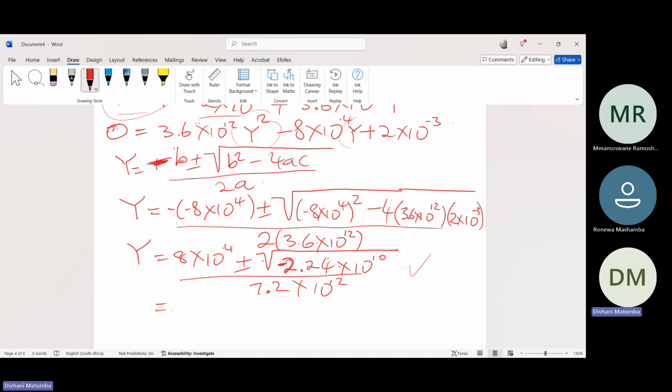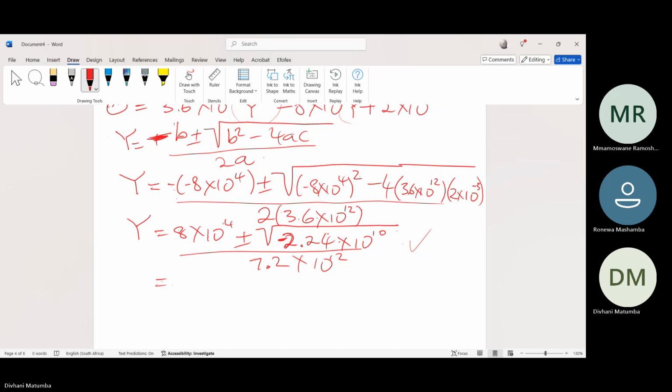Okay, Mamswan, can you type the square root of 2.24 times 10 to the power of 10? How much do you get? Mamswan, how much did you get?